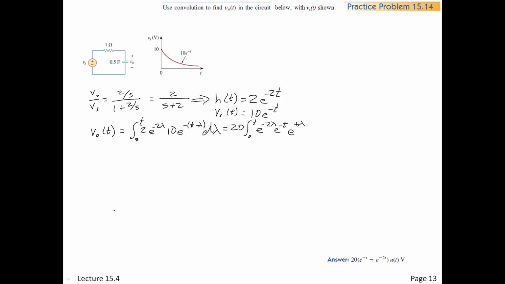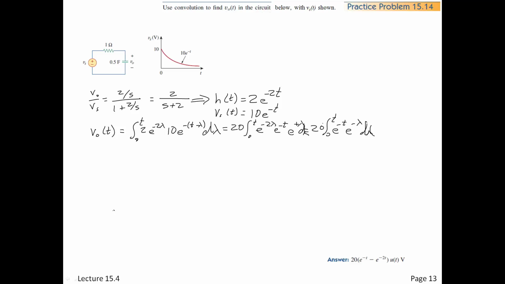So continuing, that's 20 times the integral from 0 to t, and I'm just doing the math in the order that falls to me, of e to the minus t, e to the minus lambda, d lambda.